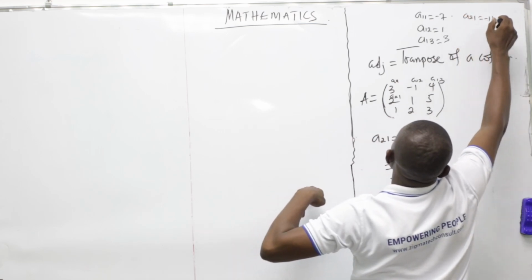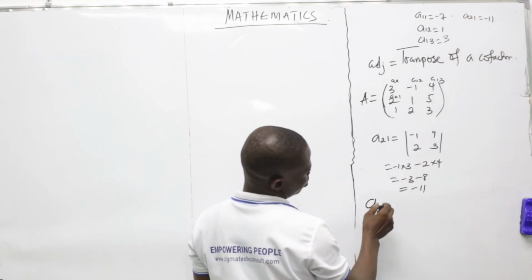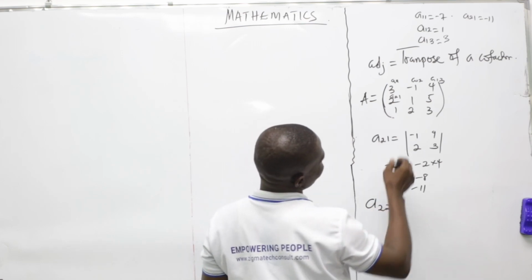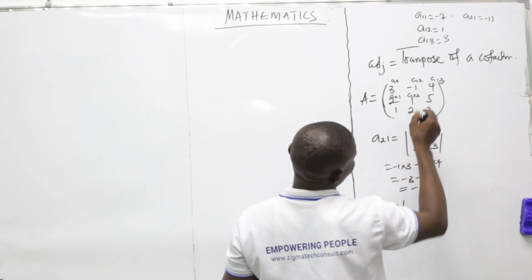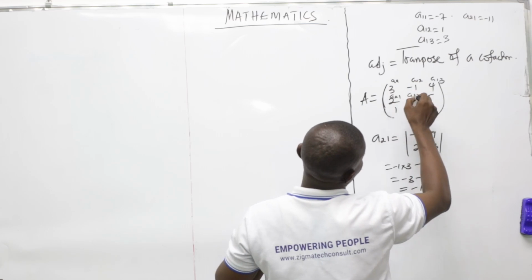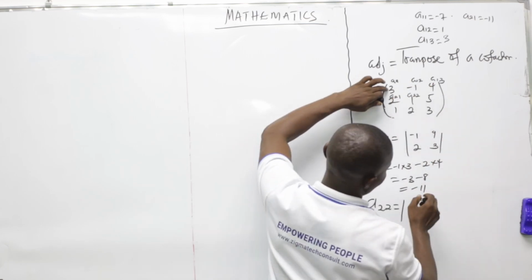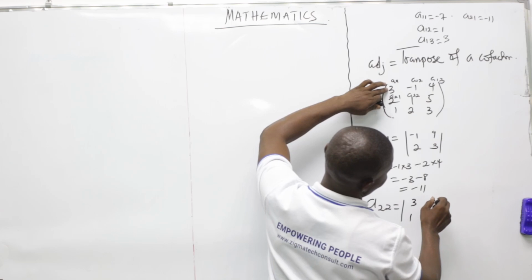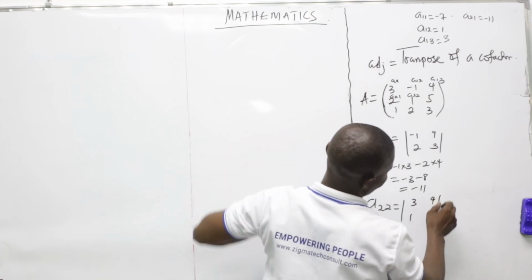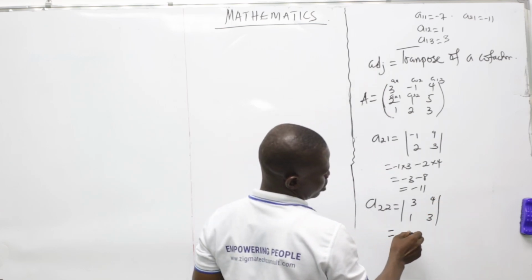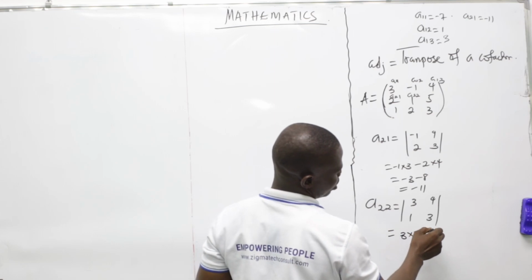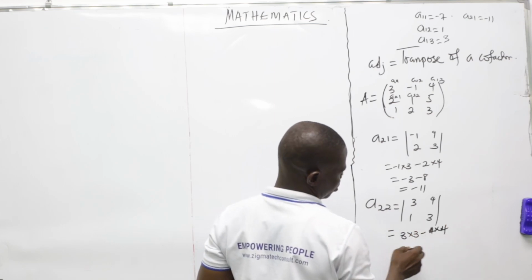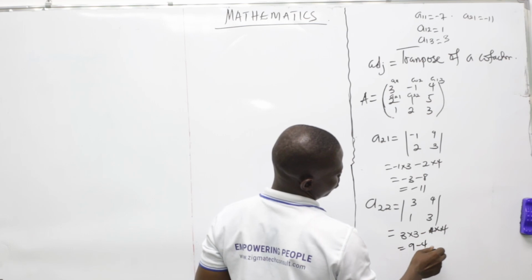A21 equals minus 11. Then A22 equals the determinant 3, 1, 4, 3, to give us 3 times 3 minus 1 times 4, that is 9 minus 4 equals 5.